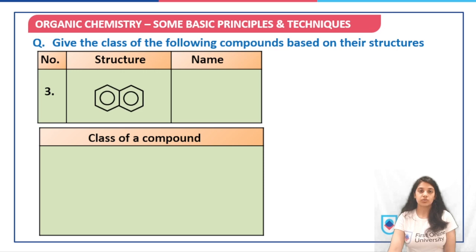The third one, look at the structure carefully. Right now, you might not know the names of these compounds, but slowly and eventually, as we go on talking about aromatic compounds and other organic compounds, you will know their names.